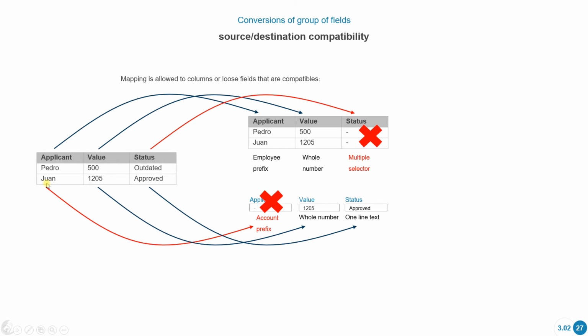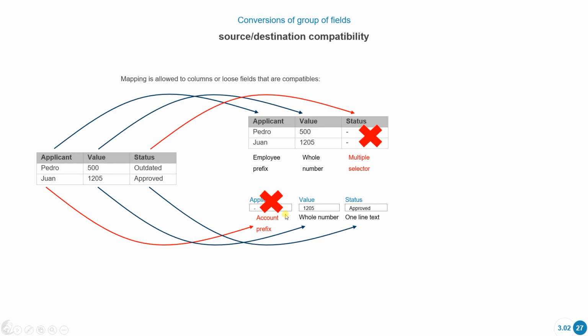And here we have another scenario where the applicant might be an employee prefix and the destination might be an account prefix. In this case, if the types of families are different, these columns are not going to be compatible either.